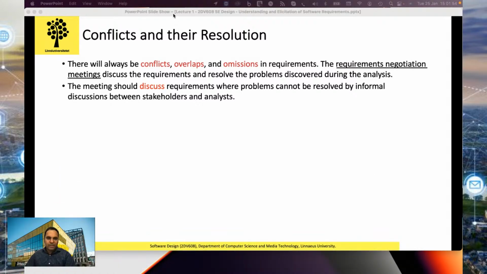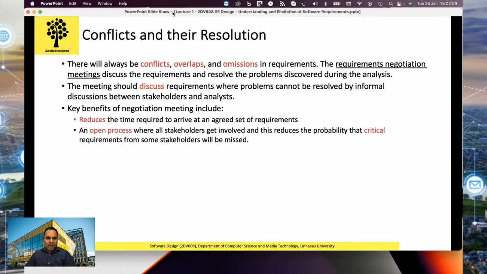So in the negotiation phase, we basically should have meetings with stakeholders to resolve our conflicts, overlaps, and omissions in the requirements. And the benefit is that if you identify issues in the requirements early in the process, it saves your time in the later phases.